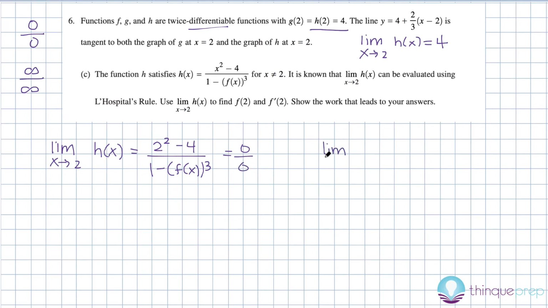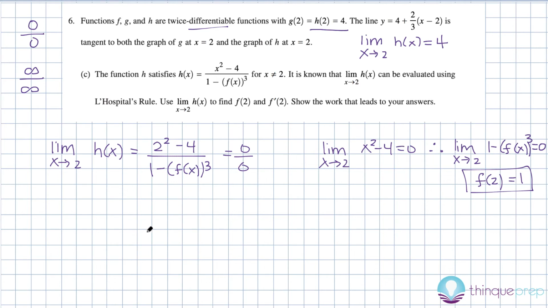We can say something along the lines of: limit as x approaches 2 of x squared minus 4 is equal to 0. Therefore, the limit as x approaches 2 of 1 minus f of x quantity cubed is also equal to 0. So then if we go ahead and solve this, we get that f of 2 is equal to 1.